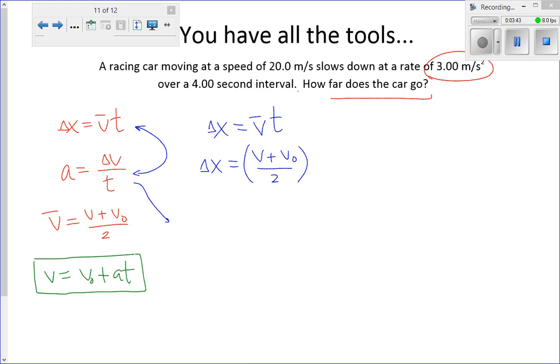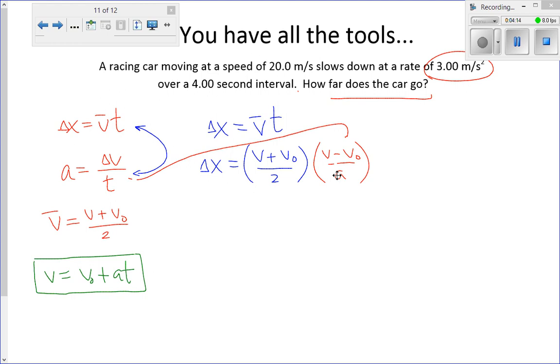By definition, t is delta v over a. So I rearrange for t and put it in there. Instead of delta v, I'll write it explicitly as v minus v naught.